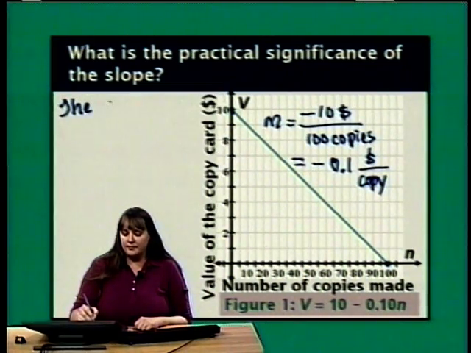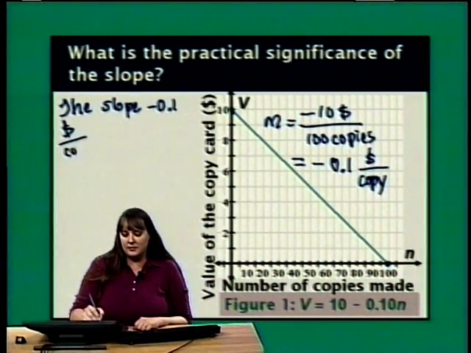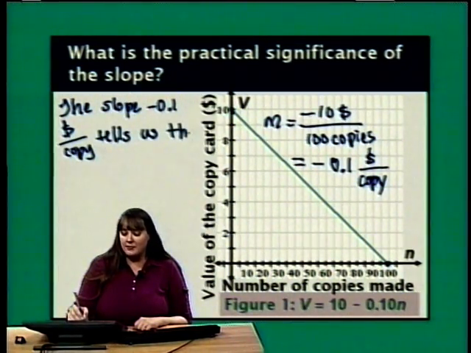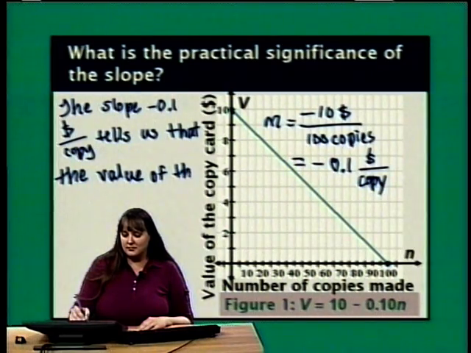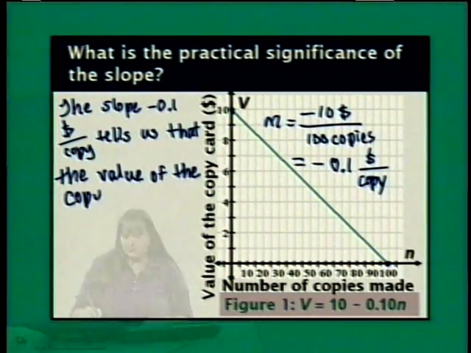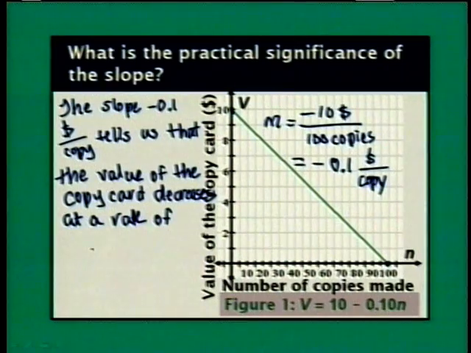So the slope, negative $0.1 per copy, tells us that the value of the copy card decreases at a rate of $0.1 per copy.